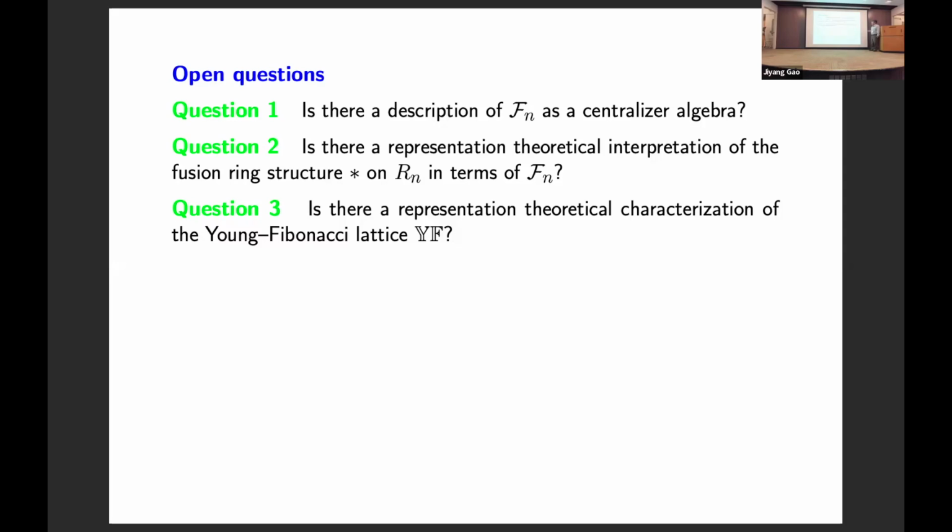And another question is the representation theoretical interpretation of the structure, the character structure of R. We define this ring structure in terms of the character table, that is a transition matrix between Schur functions and power sums.